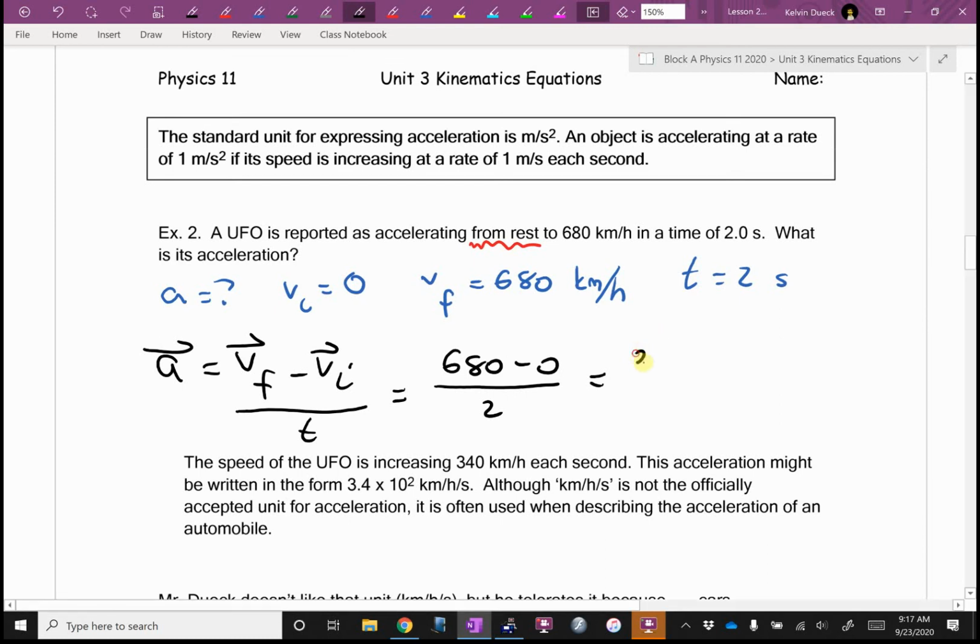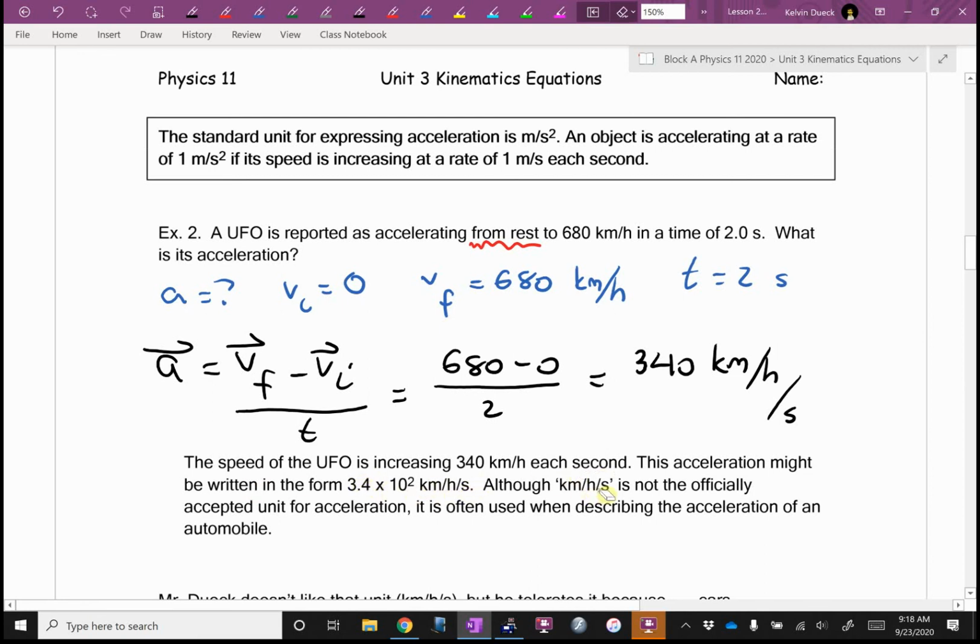It's 340 kilometers per hour per second. You might use kilometers per hour per second when you're talking about a car's acceleration. This is gaining 340 kilometers per hour every second. So I wrote here, the speed of the UFO is increasing 340 kilometers per hour each second. This acceleration might be written in the form of 3.4 times 10 to the 2 kilometers per hour per second.